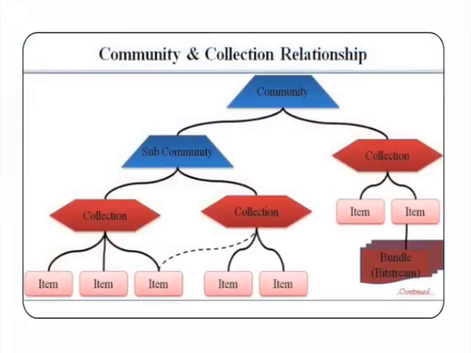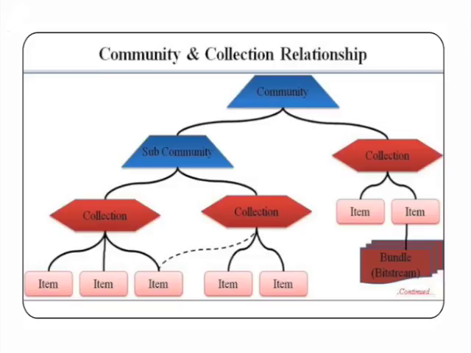The way data is organized in DSpace is supposed to reflect the structure of the organization and its digital collection. Each DSpace site is divided into communities, which can be further divided into sub-communities, reflecting the typical university structure of college, department, research center or laboratory.